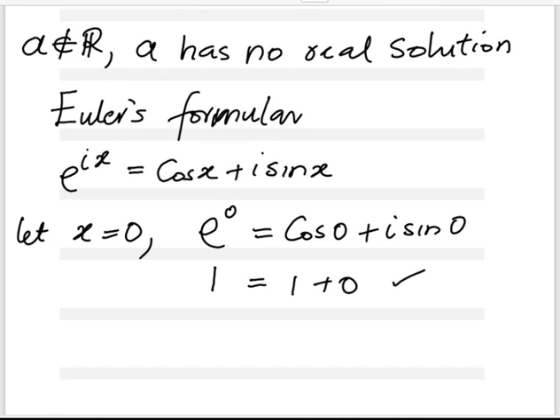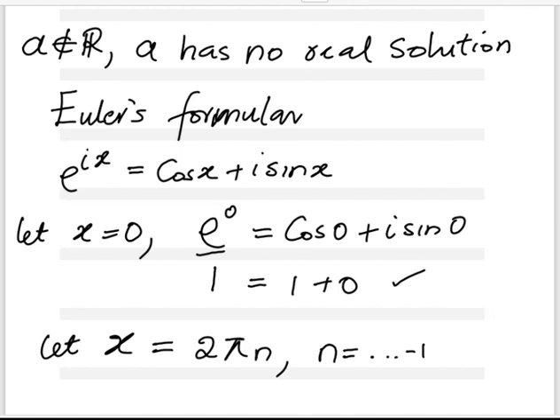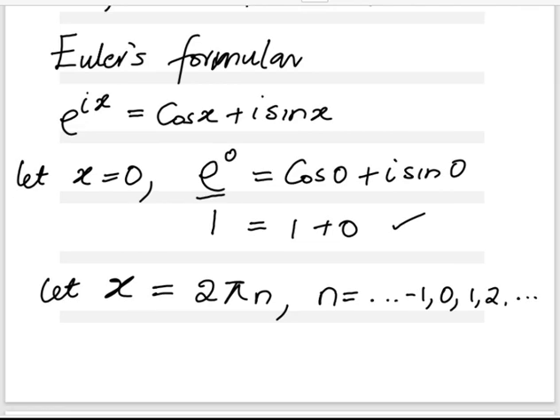But then instead of using e to the power of 0, we're going to use a more robust Euler formula for our 1. So for a much more robust Euler formula, instead of e to the power of 0, we let x be equal to 2 pi n, where n is -1, 0, 1, 2, where n is just integers and 0.